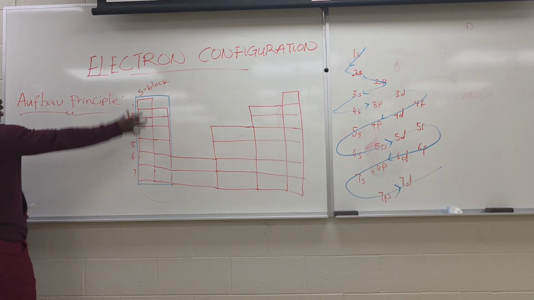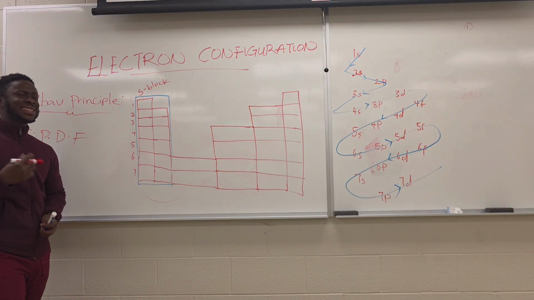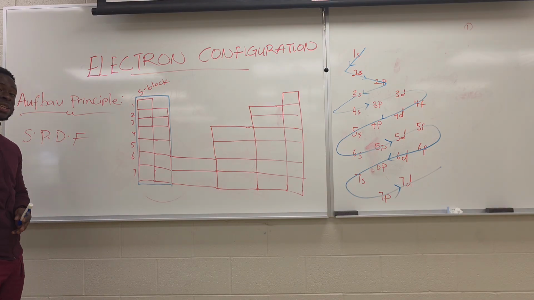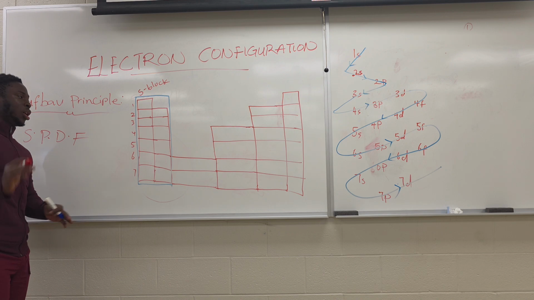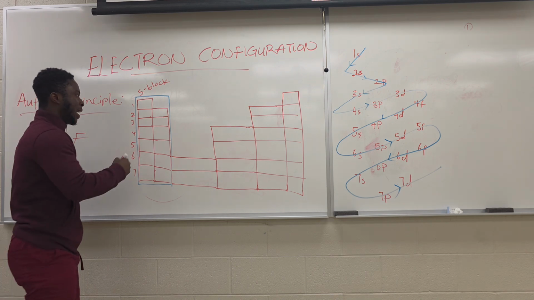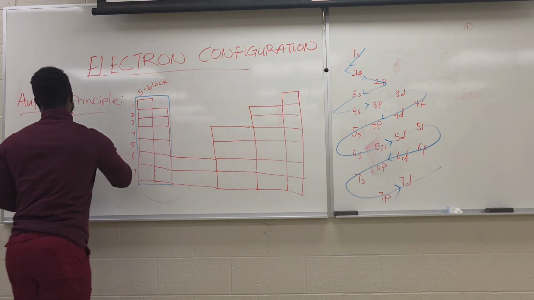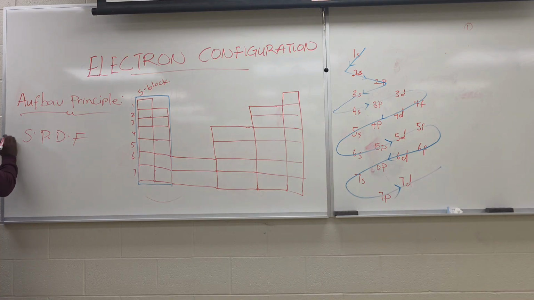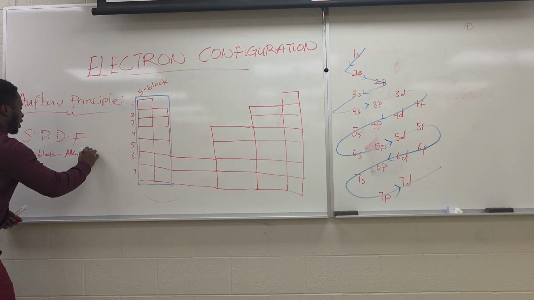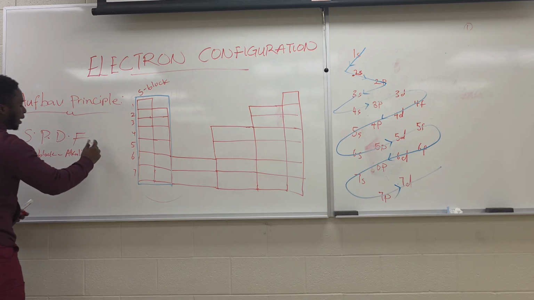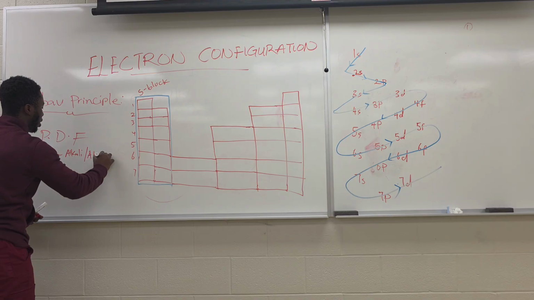It's the S block because the valence electron is in the S orbital. The valence electron is the outermost electron of the atom. And the S block is basically the alkali and the alkaline earth metals.